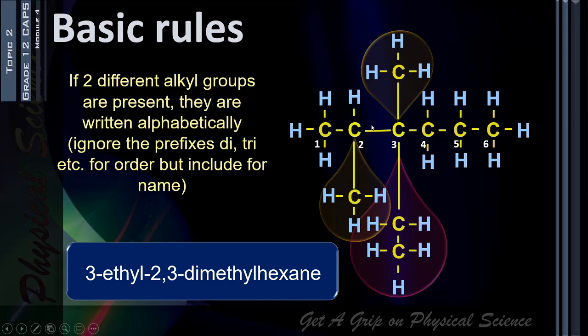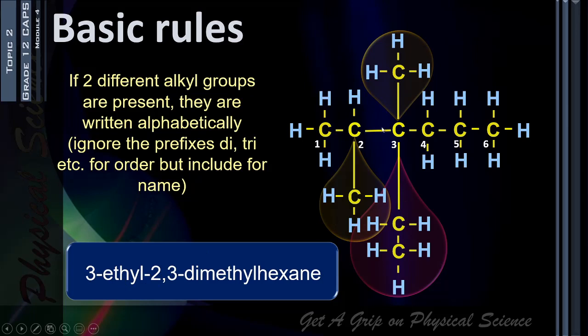Then we know that there are 2 methyl substituents, each with 1 carbon in it, and they are on number 2 and 3, and 1 ethyl substituent on number 3. So alphabetical order for methyl and ethyl, ethyl comes before methyl, and therefore we write down 3-ethyl and then 2,3.